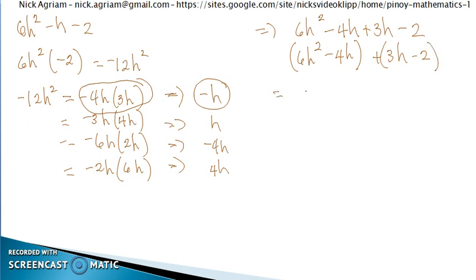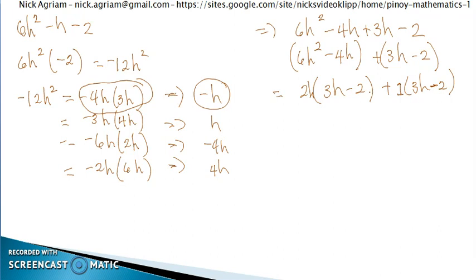And then the common factor is 2h, and we have 3h minus 2. Then we have 3h minus 2. But because there is no common factor, what I was trying to say is that if you cannot see a common factor, there is always a common factor.